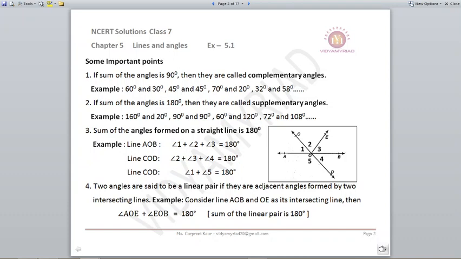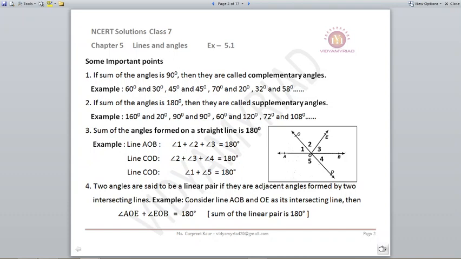In that case, my linear pair will be angle AOE plus angle EOB, which will be equal to 180 degrees. The sum of the linear pair is 180 as they form on a straight line, and they should share the common vertex and they should be on a straight line.